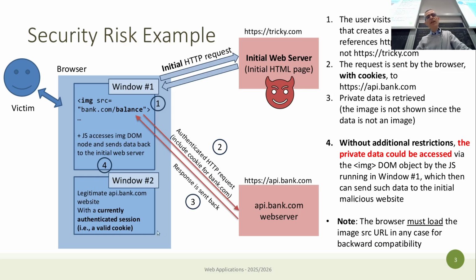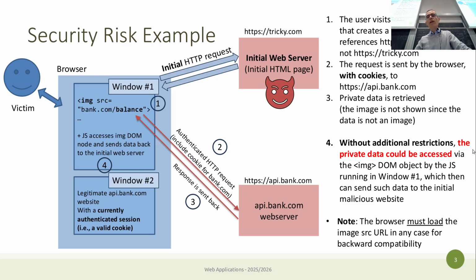So actually, it doesn't matter. The second window is here just to remind you that you have maybe interacted before with your API bank.com server, and you still have a session active. And so this server will answer all requests it receives, of course, that belong to the session.